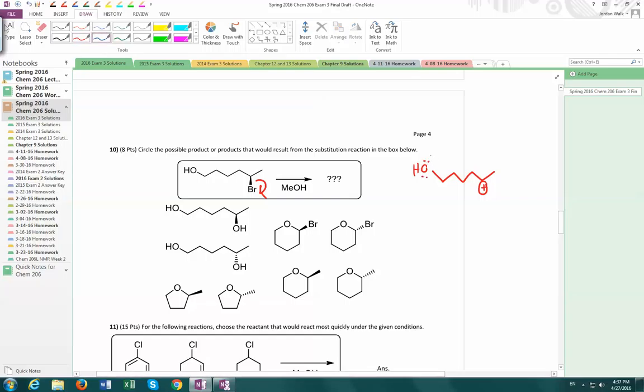So the only thing that could be doing the addition here would be the intramolecular OH group. If we do that, I think it's best if you count your carbons here. What we're going to end up with is 1, 2, 3, 4, 5, 6. So we should end up with a 6-membered ring.